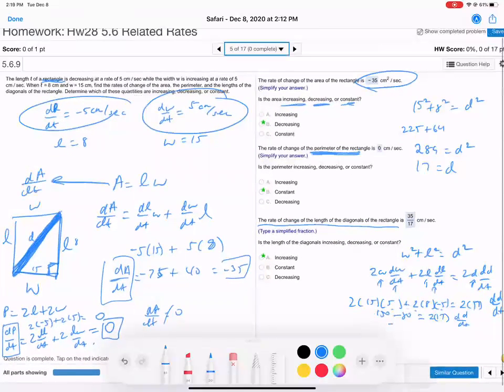So that's going to be 70 over 34 is equal to dD over dt. Okay. And 70 over 34 is 35 over 17. Now, is this rate increasing or decreasing? It's a positive 35 over 17. Is it increasing? Increasing, that's why they were increasing.